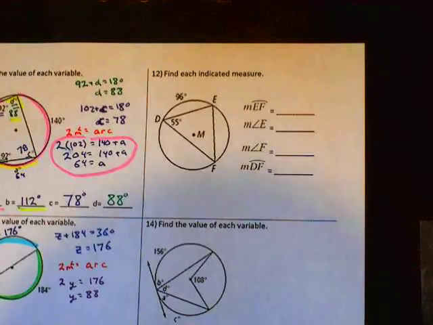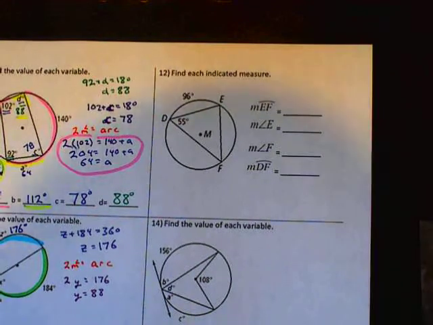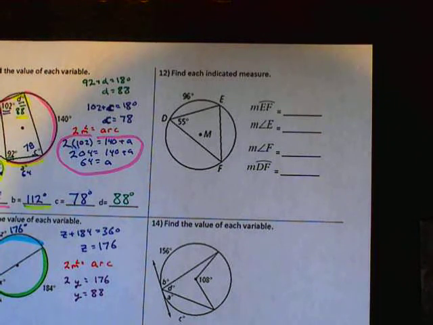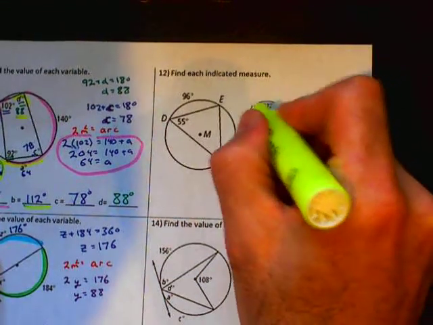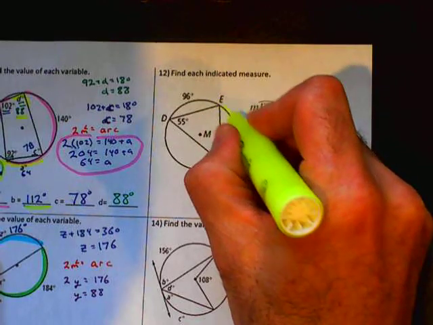Back page, number 12. We're going to start on over here. They first ask you for EF. So for here, they're asking me what this is.